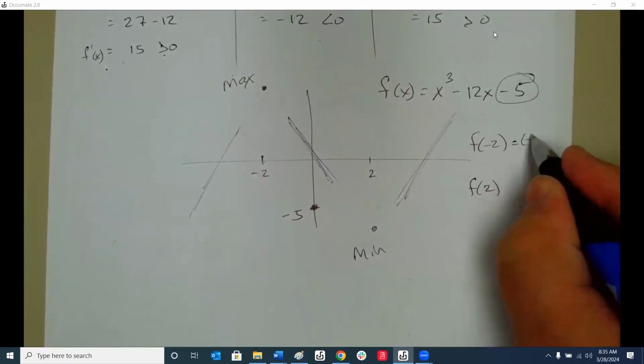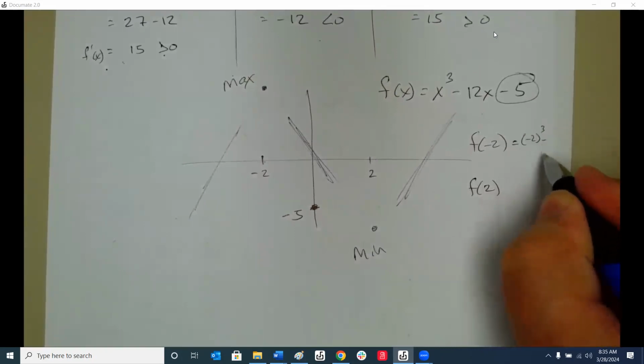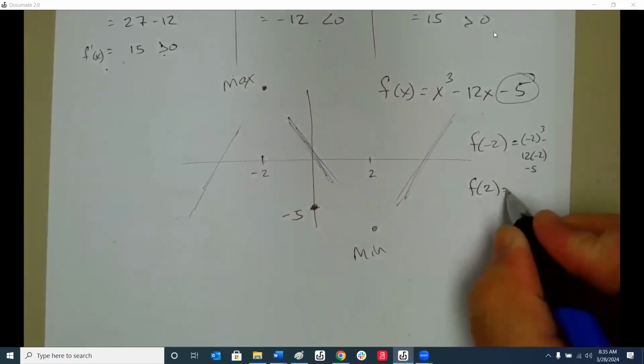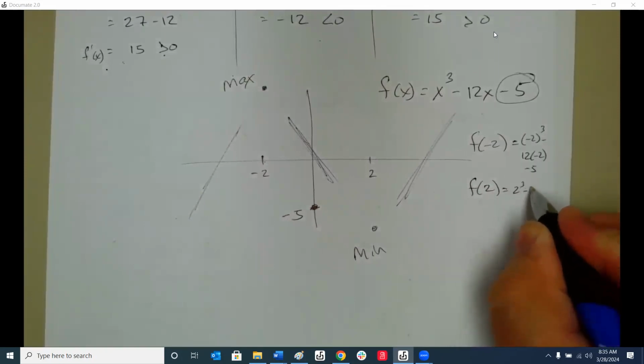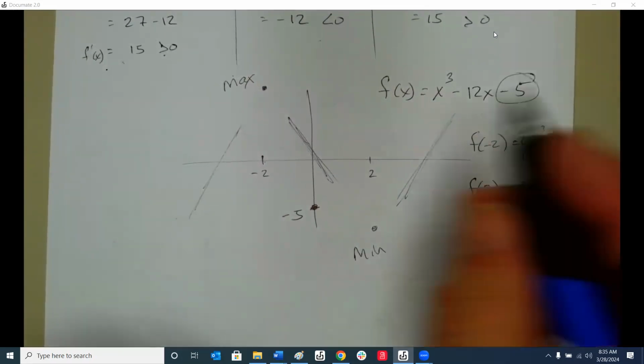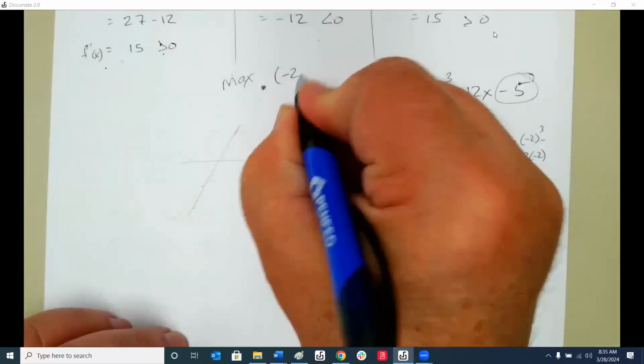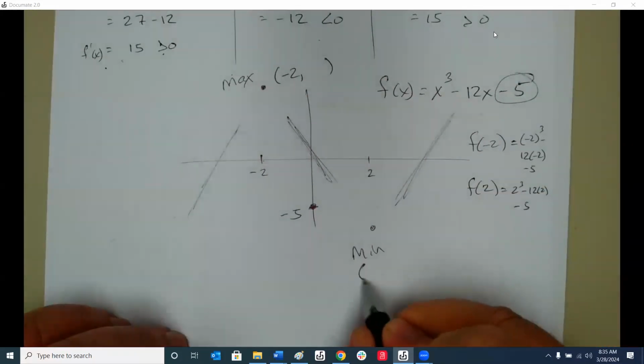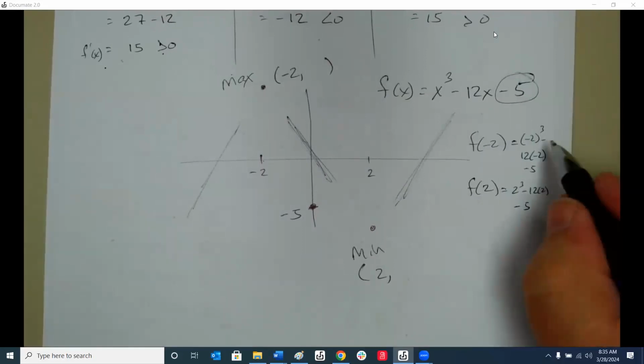So -2 cubed minus 12 times -2 minus 5, and 2 cubed minus 12 times 2 minus 5. Work those out and they'll tell you the actual locations. We can tell that this one's going to be at -2 and this one's going to be at 2.